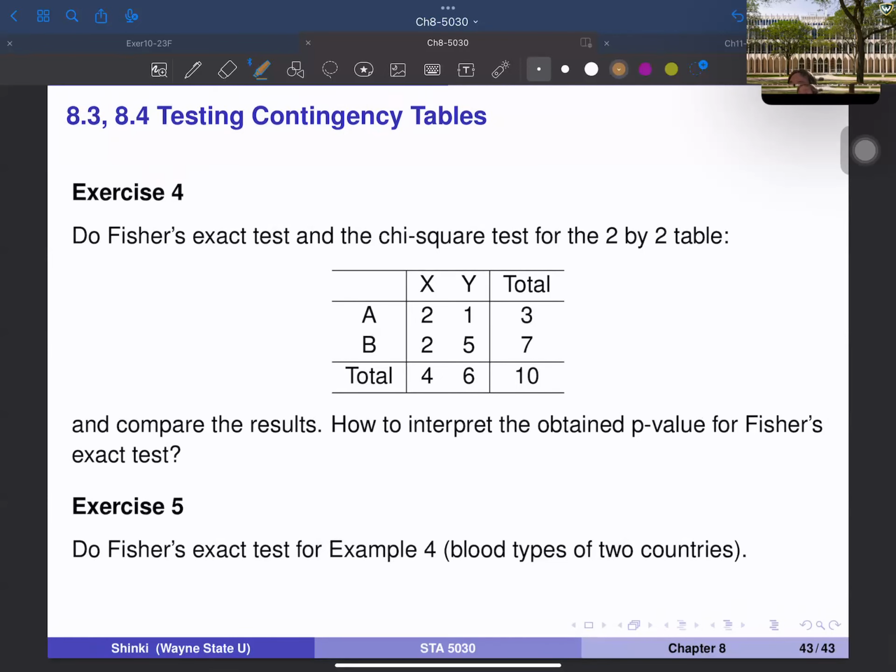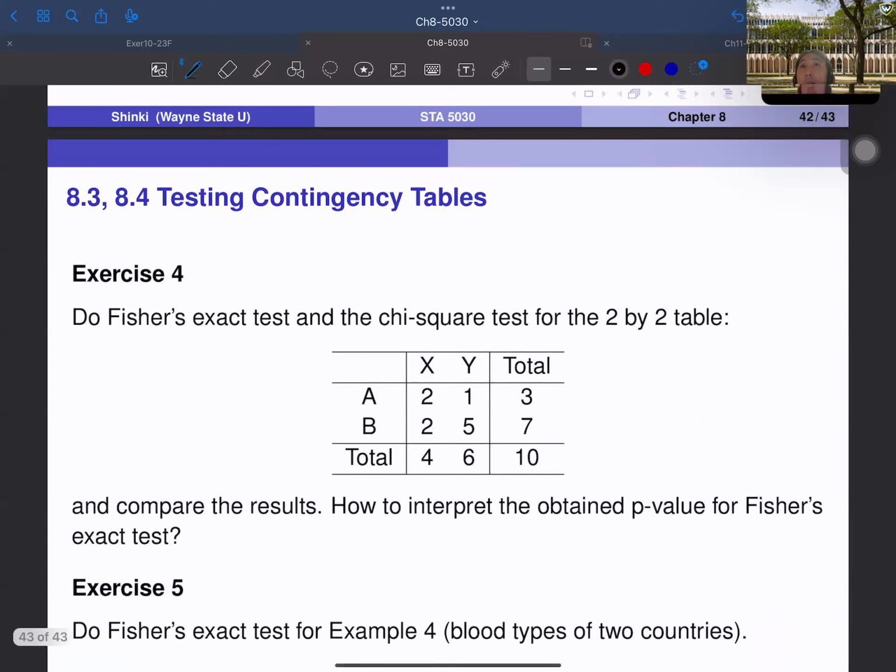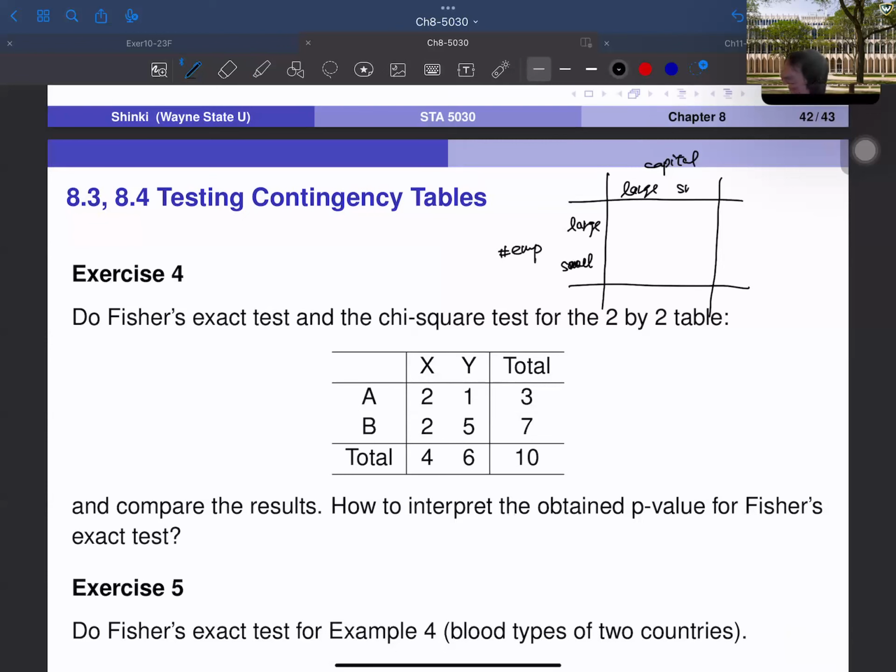In my experience, I was developing a business survey, and the survey wants to make sure that all kinds of companies are selected in a good balance. So in terms of capital size and number of employees, we have large and small populations, and we have some table.